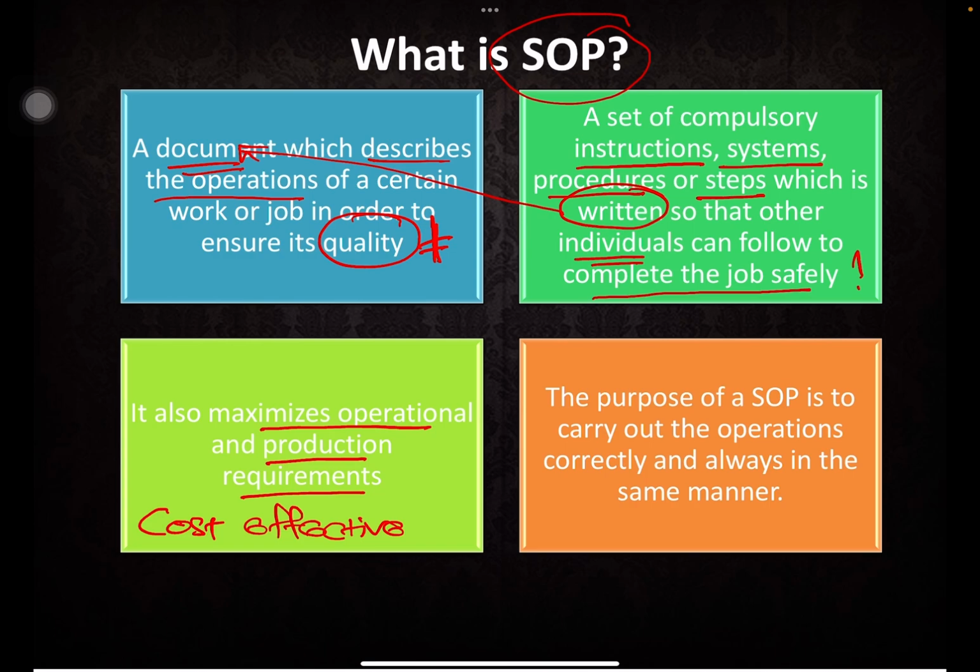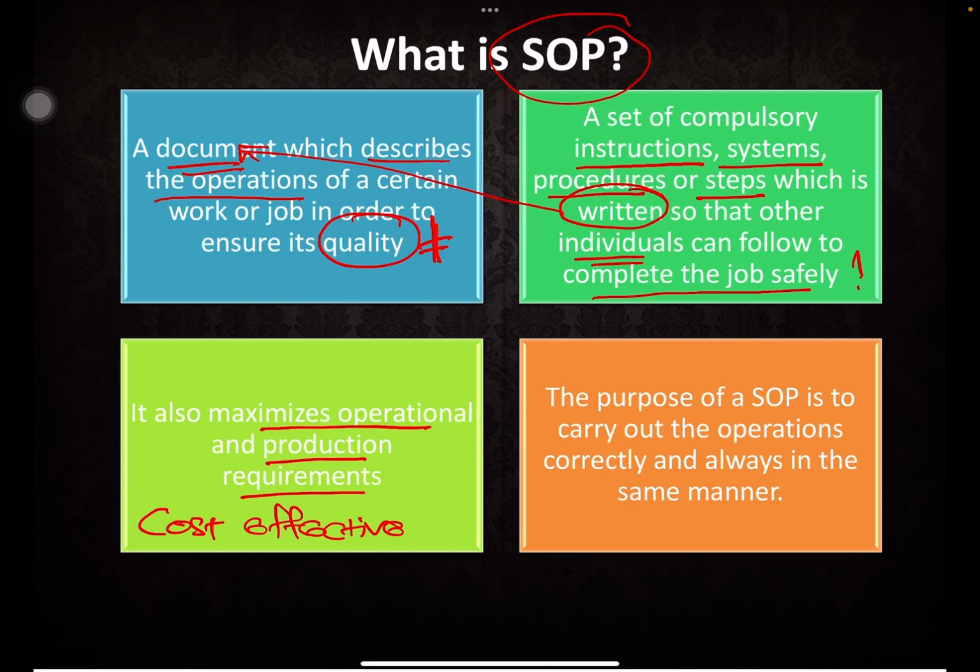But if you follow that certain SOP or the one being set, it is believed that it can be cost effective and it will help the company to produce more with the minimum requirement of capital.